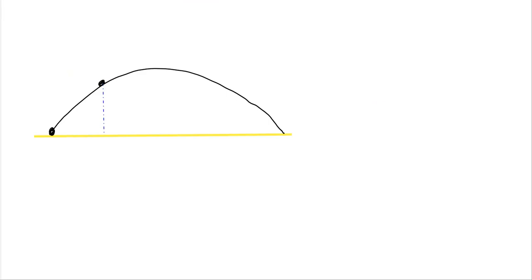At t equals 0, the ball is projected from the ground with a speed u at an angle theta.